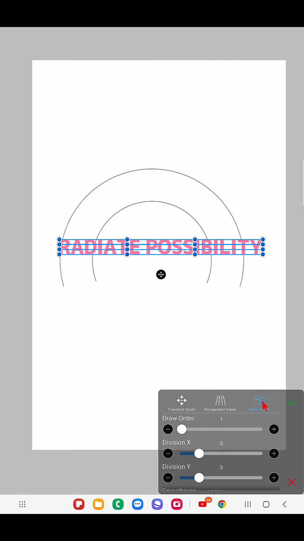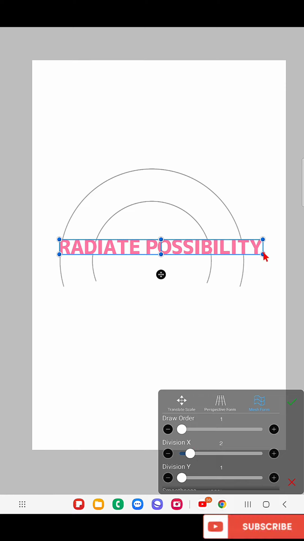So now go to transform tool in the text layer and use the mesh transform and adjust the division value. For the first time, just keep the division values as minimum as possible.